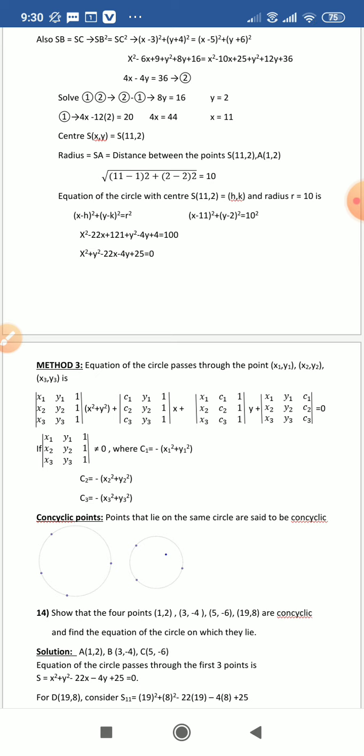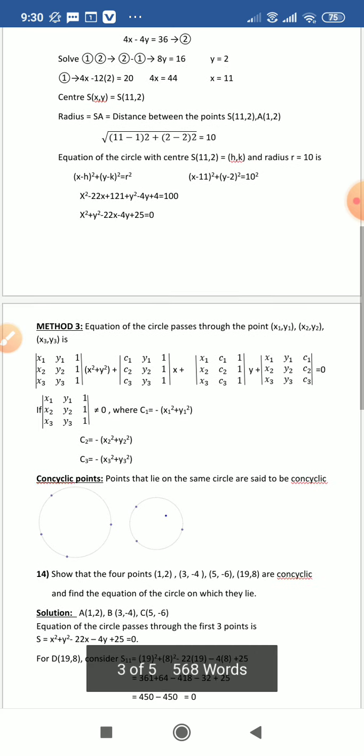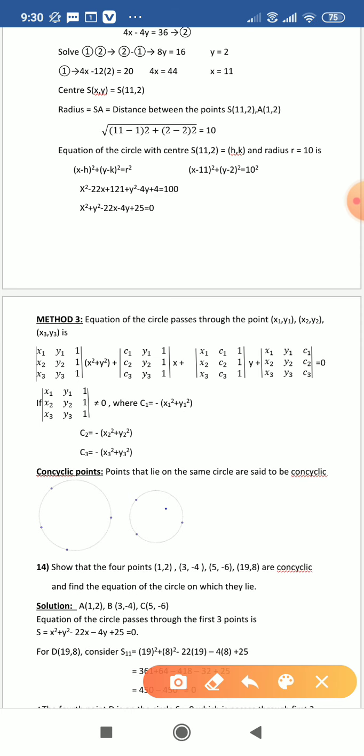First we find the first determinant. This is the determinant: x1, y1, 1, x2, y2, 1, x3, y3, 1. This is the first point 1, second point 1, third point 1.